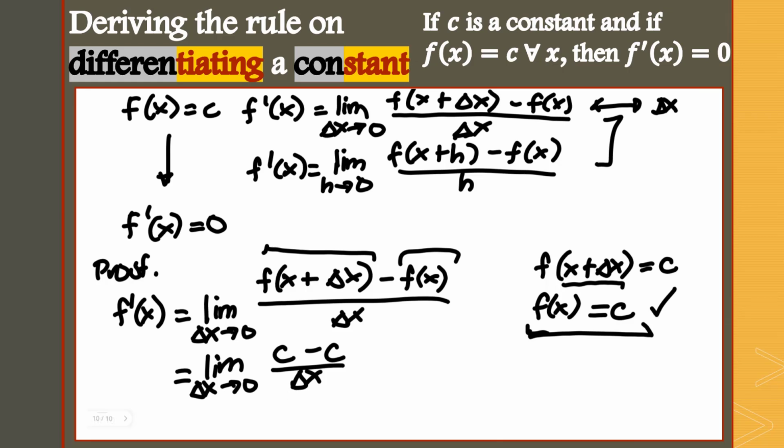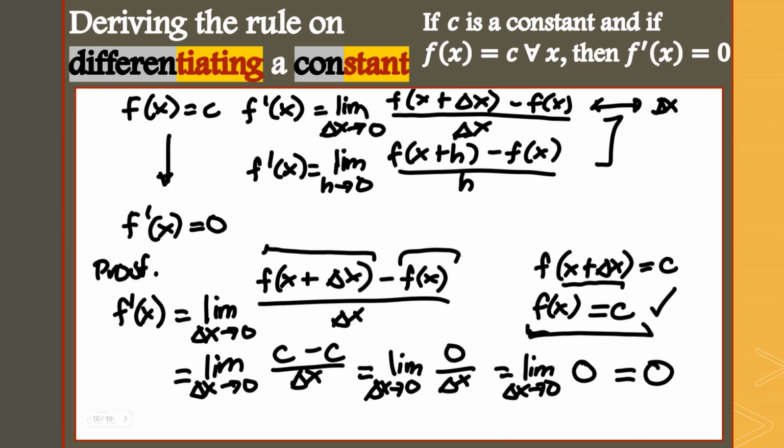What we need to do is this is equal to the limit of 0, that's c minus c, over the increment of x, which is just equal to the limit of 0 as the increment of x approaches 0. By the limit theorem for constant, this is equal to the constant itself. So we have proven here, therefore, f prime of x is equal to 0.